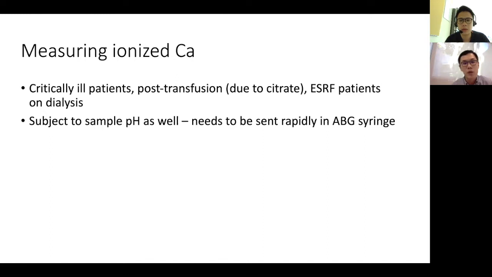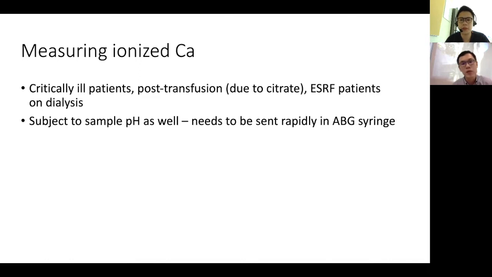So when we correct calcium for albumin, it is really to try and figure out what's the effective ionized calcium. So basically, measurement of the ionized calcium would be the most accurate measure of what the cells are being exposed to. But in most cases, you don't really need to measure the ionized calcium, since the corrected calcium or adjusted calcium is a good estimate for the ionized calcium.